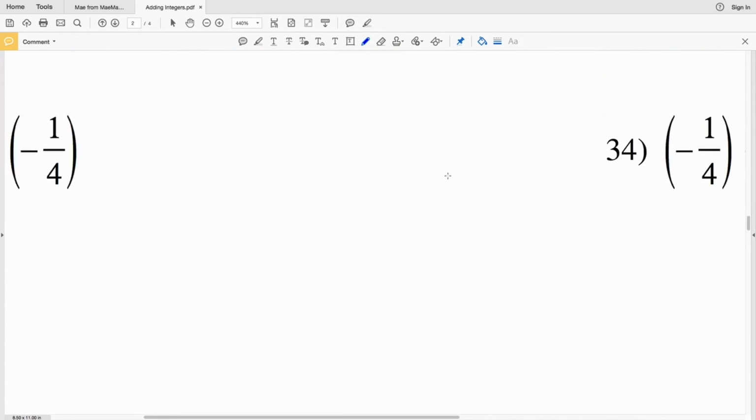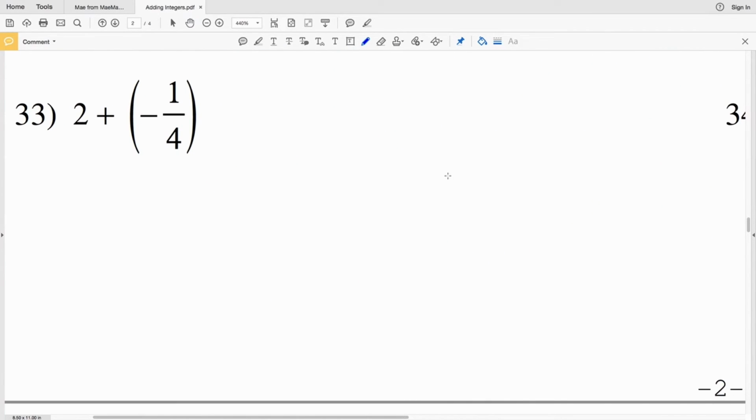2 more to go. We have 2 plus negative 1/4. We still need to find a common denominator. This whole number 2 is the same thing as the fraction 2 over 1, because 2 divided by 1 is equal to 2. So the common denominator is going to be 4. 1 times 4 is 4. So if we multiplied 1 times 4 to get to 4, we also need to multiply the numerator by 4.